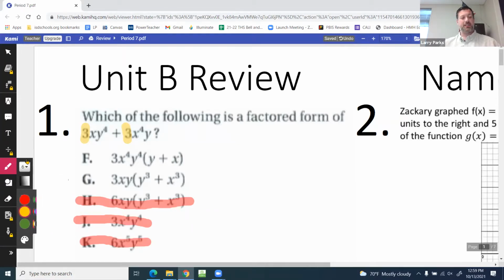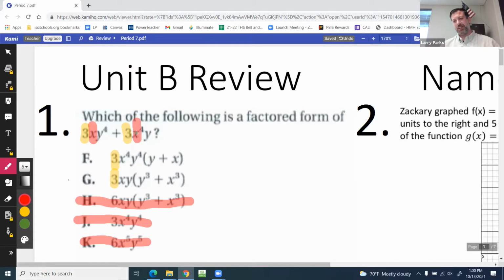So I see that there is a 3 in common, so I factor it out. 3 and 3. Next, let's look at the x. I have an x to the first, and I have an x to the fourth. So that's 1 x, and then 4 x's. How much do you have in common?